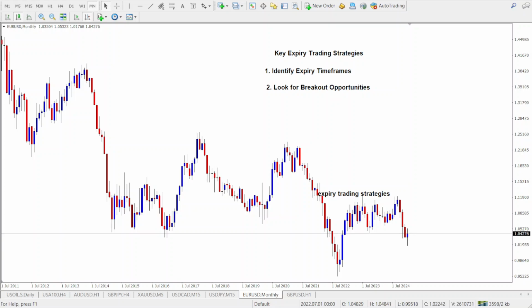Expiry time frames often see breakouts, sharp moves where price either shoots up or down as the expiration nears. So assume that we are currently trading a contract or option, and we notice the expiration date drawing near, and you begin to see some increase in volatility.